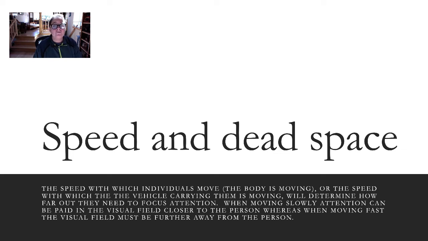Whereas a person who's moving quickly or in a vehicle that's moving quickly, it's important to set the visual field much broader and further because the dead space is actually lengthened.